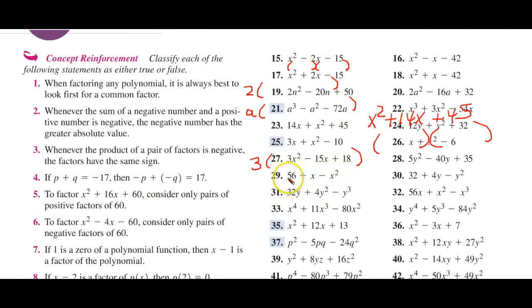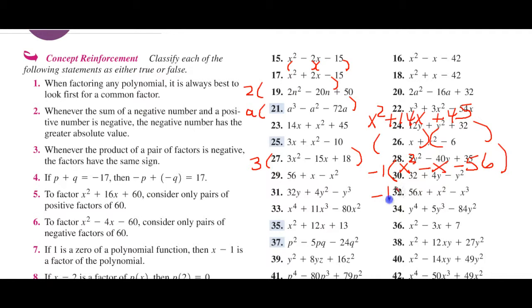Here I would reverse this and factor out a negative 1. That would make this term a positive x squared. This would be a negative x. And then this would be a negative 56. Now it's in standard form. I factored out a negative 1.